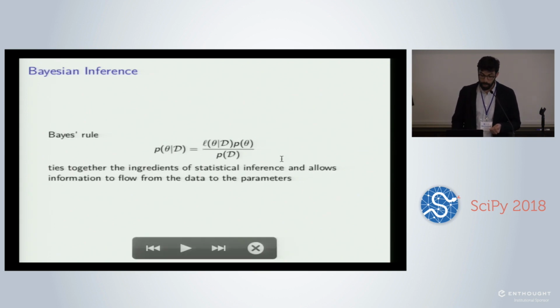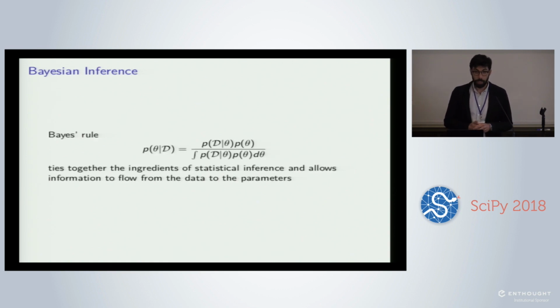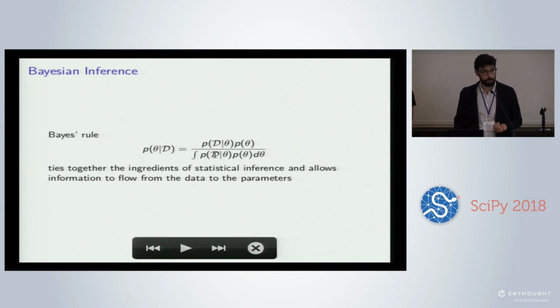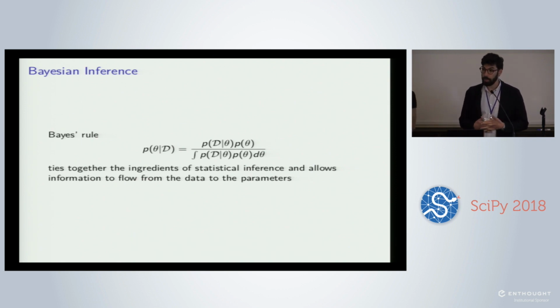And sometimes this is also written as a likelihood as a function of the parameters. We'll keep it simple in this format. In reality, the denominator is actually an integral over the parameters. This is usually a very complicated formula to calculate because theta is multidimensional and the data is big, so calculating this integral usually is very difficult. The good thing is that if you integrate out theta, this becomes a constant.